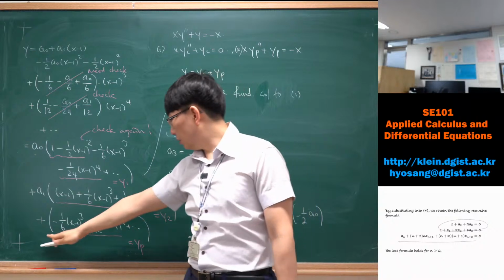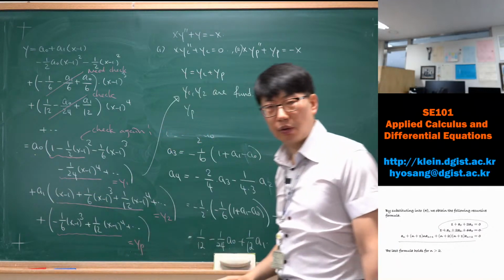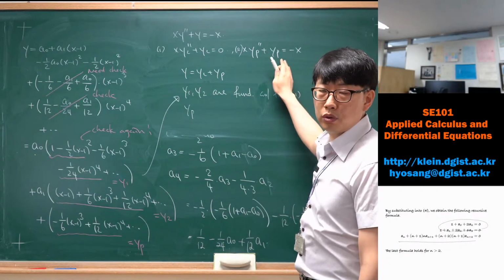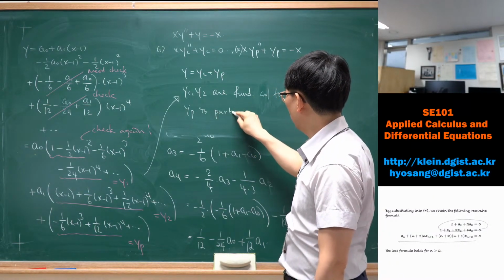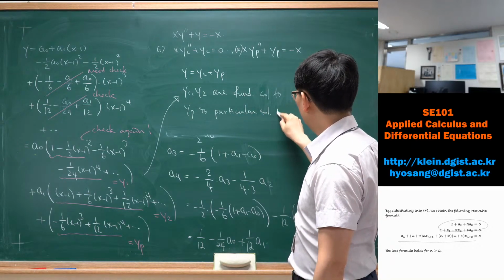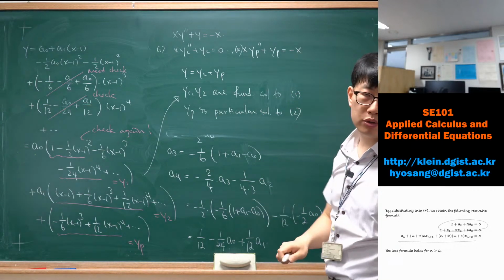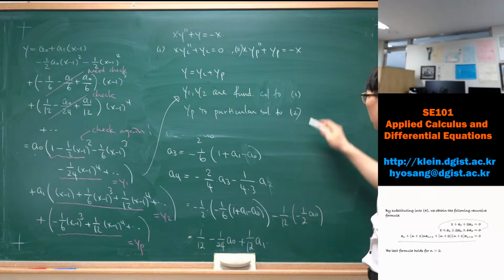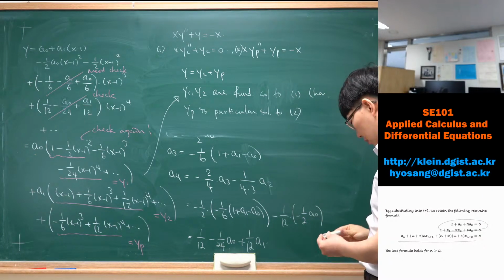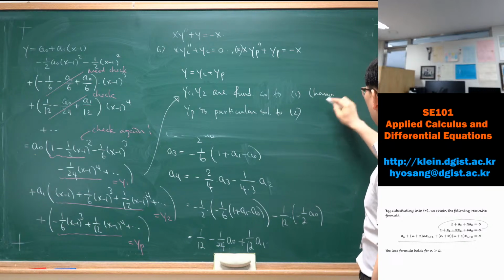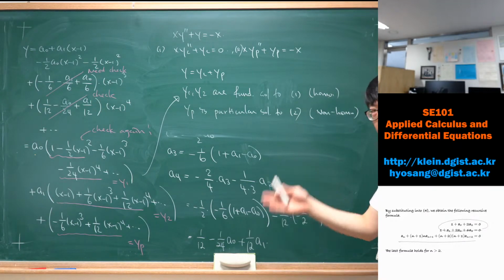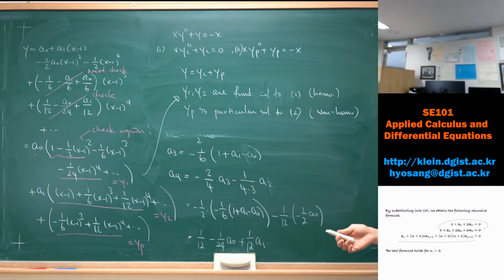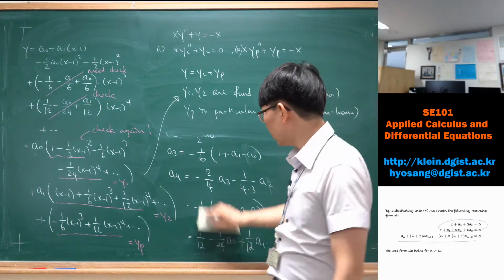And yp, which doesn't consist of any parameter here, this is the particular solution to the given original non-homogeneous differential equation. So this is homogeneous, and this is non-homogeneous differential equation. Okay, but everything is written in terms of series solution.